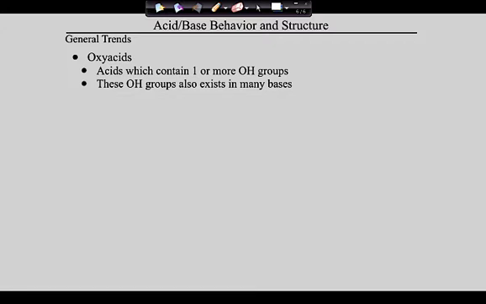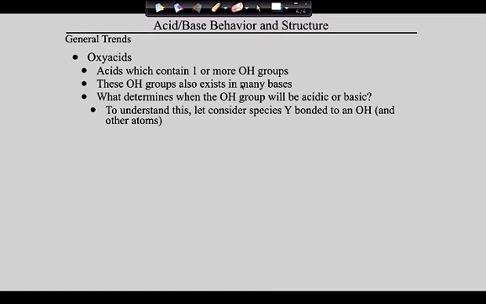So the idea is this: oxy acids are always hydrogens bonded to oxygens, but we've got this problem that these also exist in bases. So what determines if these things will be acidic or basic or even alcohols? Well, guys, it all has to do with what they're bonded to. So we're now going to introduce this idea of Y. We said binary acids are HX.